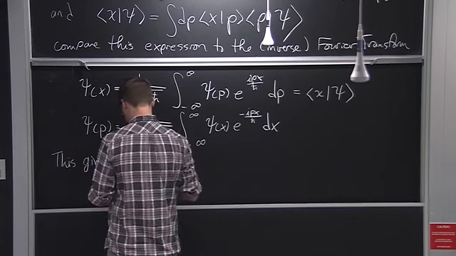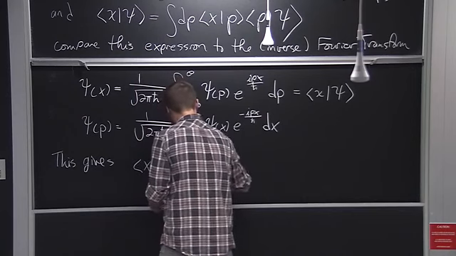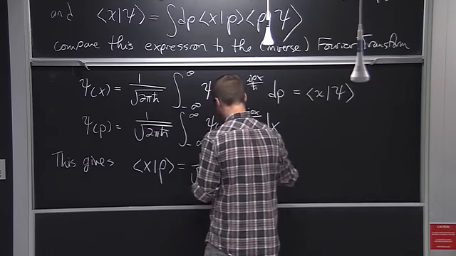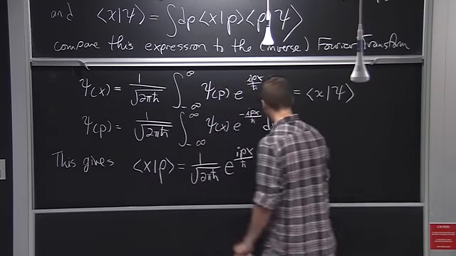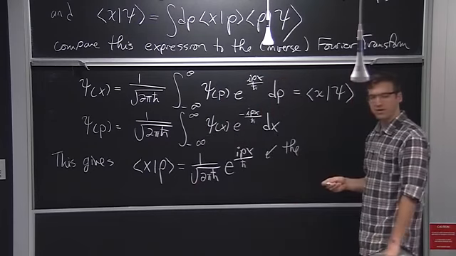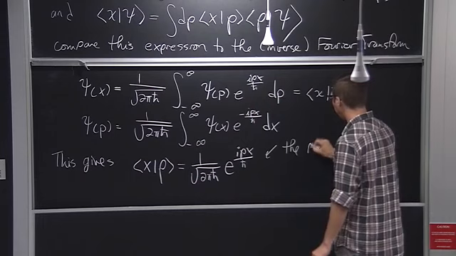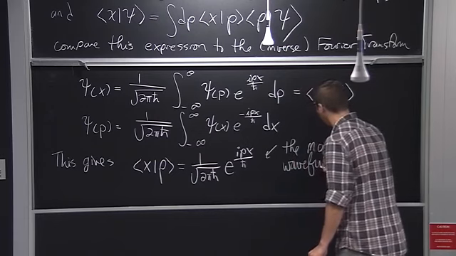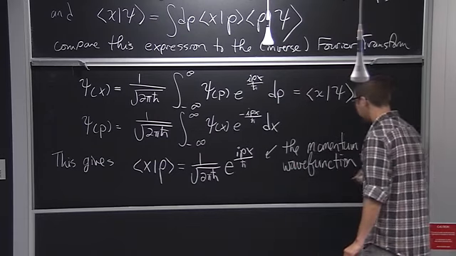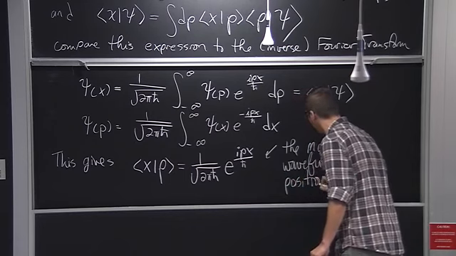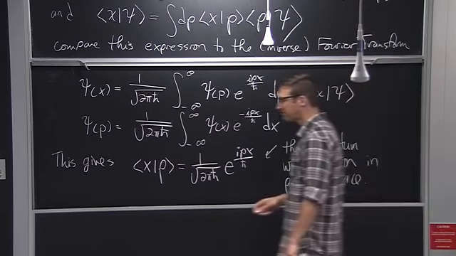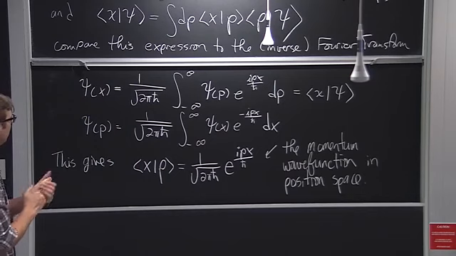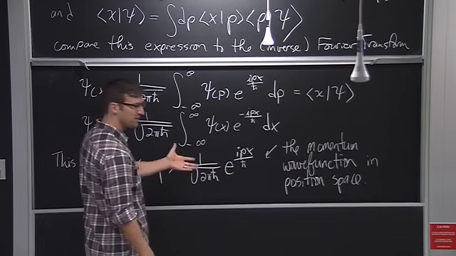So it's bra x, ket p. You can think of this as being the momentum wave function in position space. Right, so it's a little weird, but that's all this thing is.